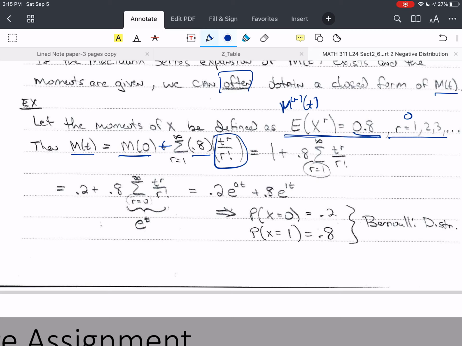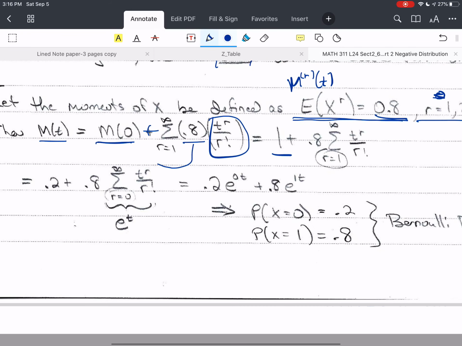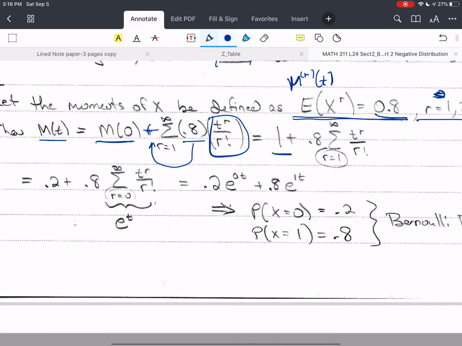And remember that M(0) is always 1. Always 1, yeah, so that's why this is not 0 included there. So we've got always 1. 0.8 can come out to the front as a constant. And then we have r from 1 to infinity, t raised to the r over r factorial.